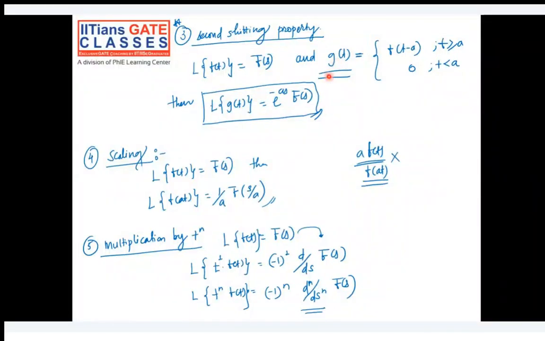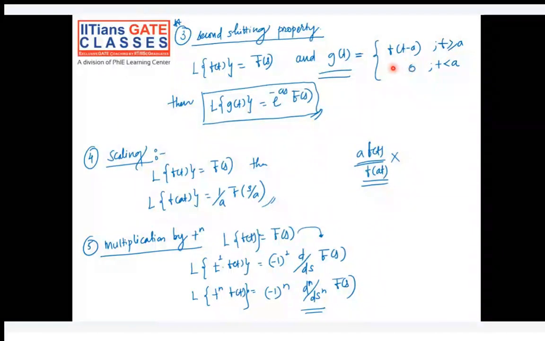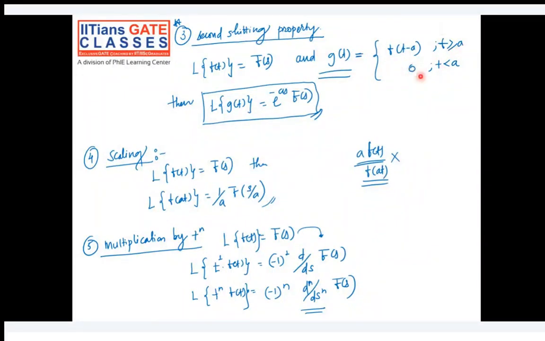Suppose in a question they have given one function like this, g of t, which is equal to f of t minus a for all values of t greater than or equal to a, and for the rest of the values, that is t less than a, the value of the function is 0. Sometimes we get this kind of question. Under this situation, the Laplace transform of g of t is given by e to the power minus as times f bar of s.